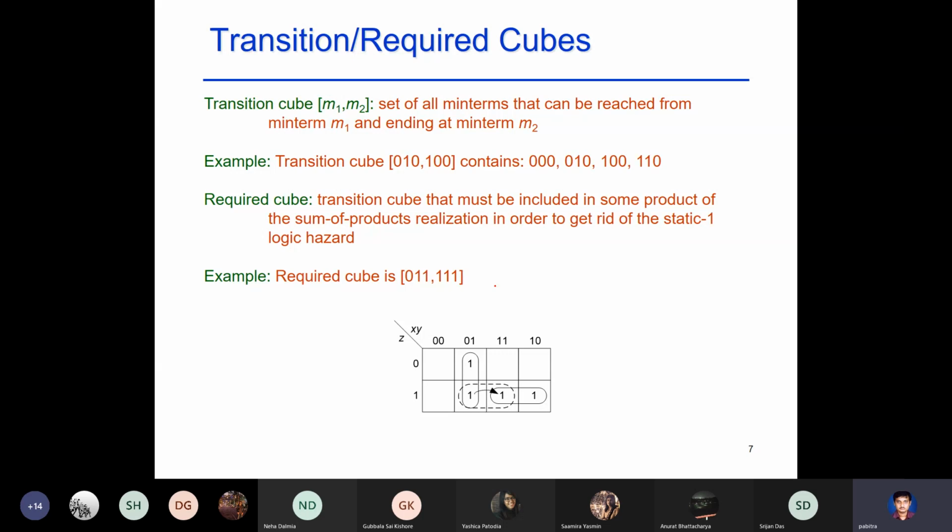A transition cube M1, M2 is the set of all minterms that can be reached starting from M1 ending at M2. A required cube is a transition cube that must be included into one of the products in the sum of product realization in order to avoid a static 1 logic hazard.